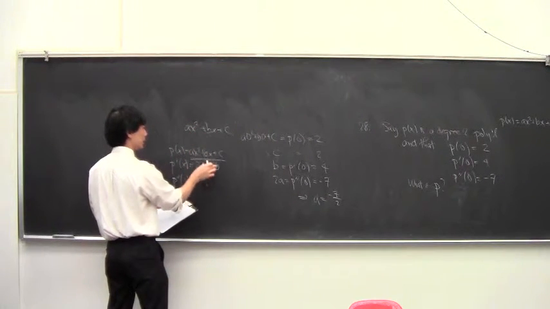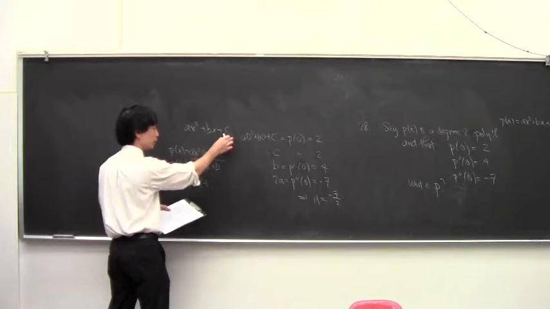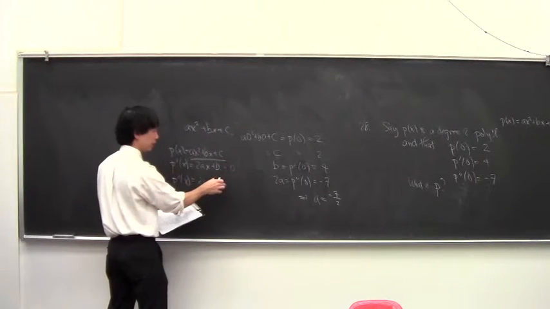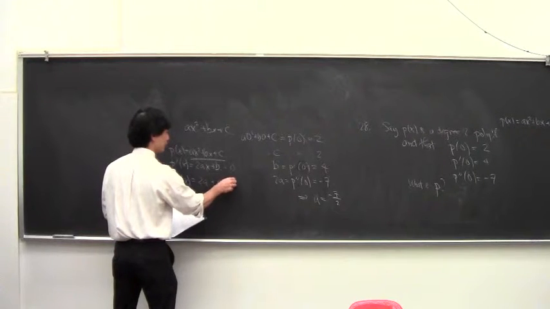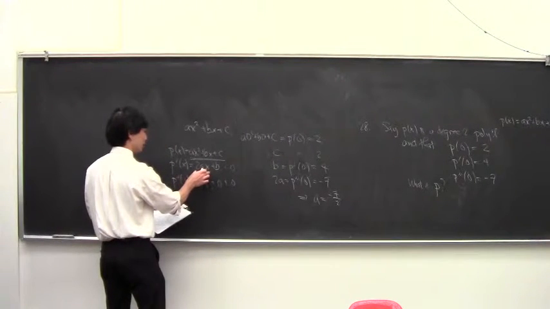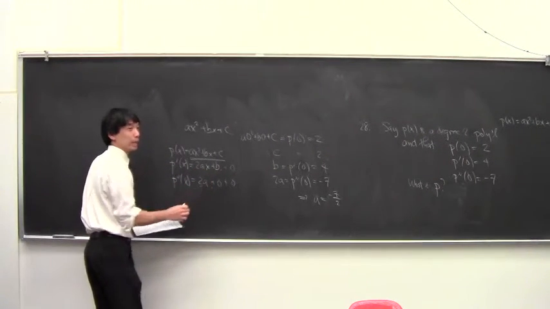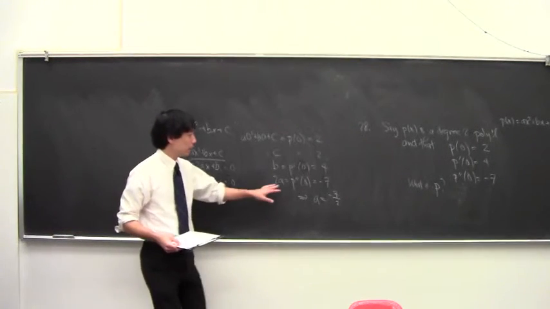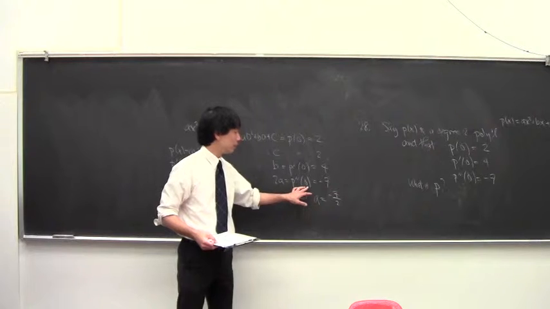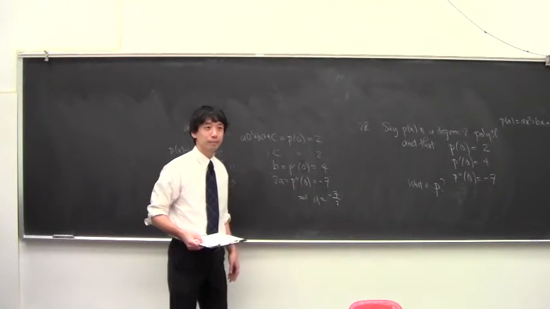Differentiate this, you get b. Differentiate this constant, you get 0. And then you differentiate again. B is a constant, becomes 0. 2ax turns into 2a. So 2a turns out to be the acceleration at time 0.